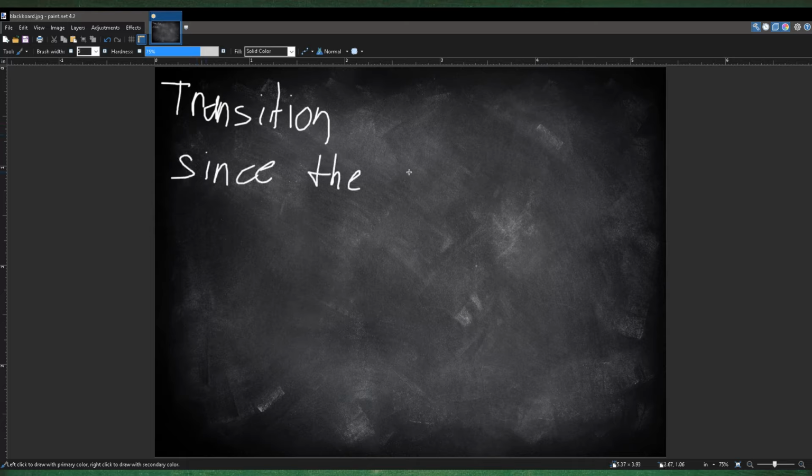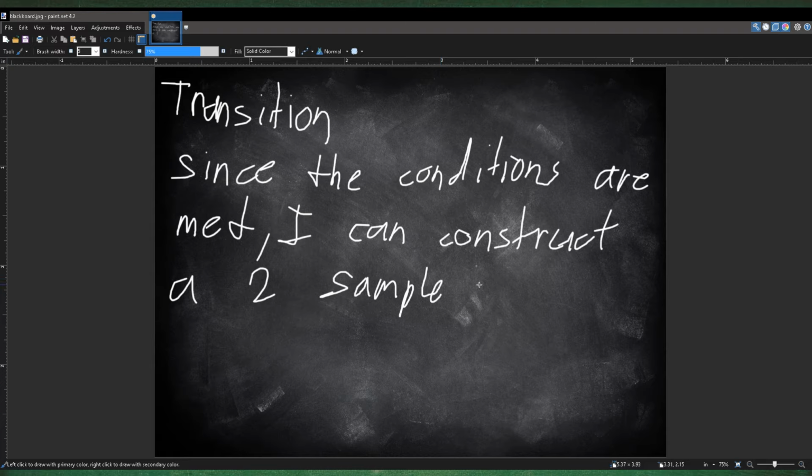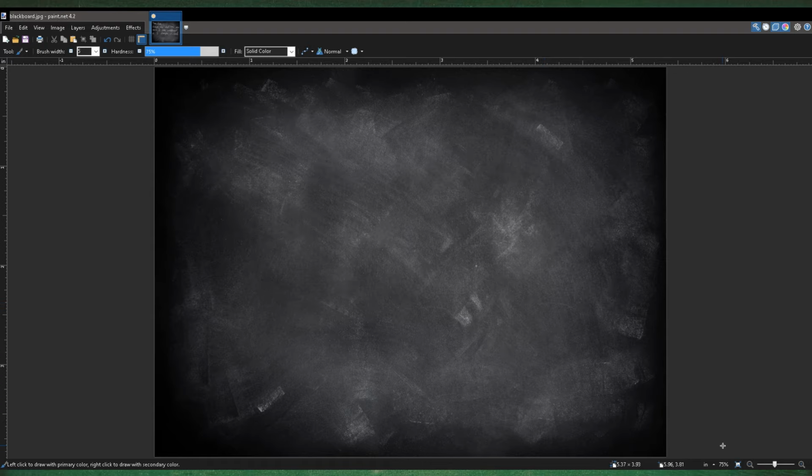So since the conditions are met, I can construct a 2-sample t-test, because that's the one that you're testing on right now. So you do a transition statement after you check your conditions, and I'll show an example at the end. For every single one of these tests that I show, I'll do an example.